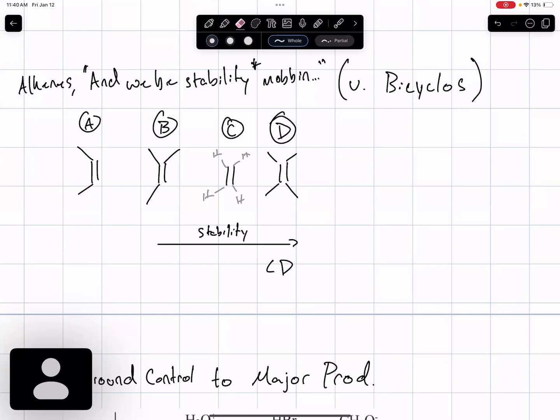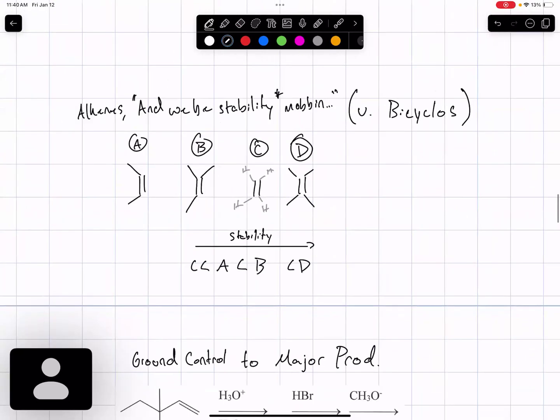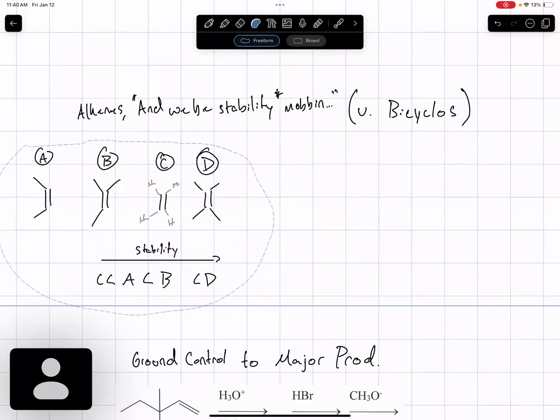C. Okay. Next, A. There you go. All right. You guys are pros. Okay, cool. Easy enough. But I'm not sure if you guys know how to determine stability in bicyclos.